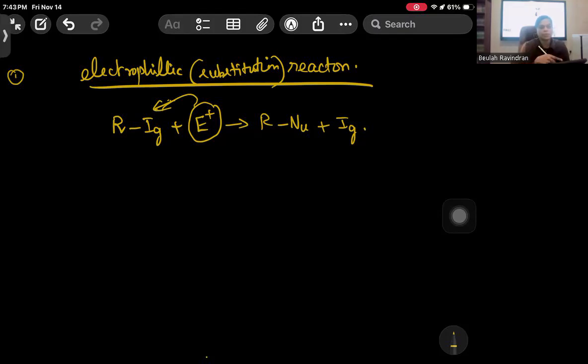Here the electrophile is substituted, so we usually call this an electrophilic substitution reaction. It is also known as Friedel-Crafts acylation.